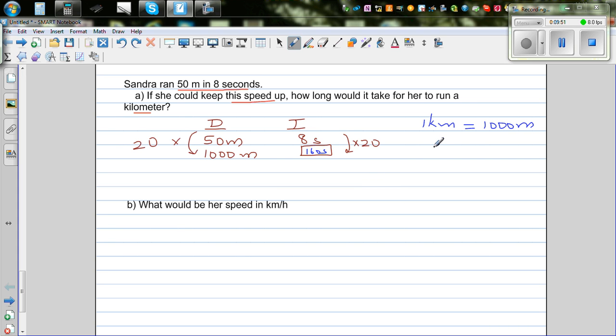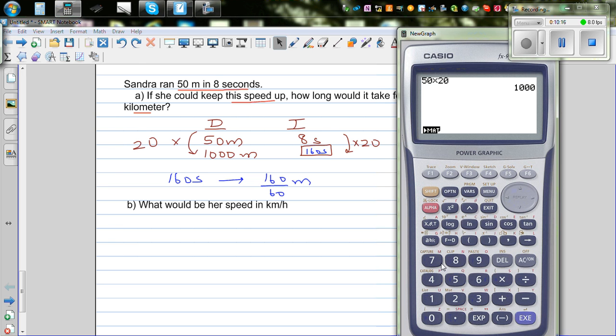Now I hope you know 1 minute has 60 seconds. So if you want to change 160 seconds into minutes, I'll go 160 divided by 60. Let me use a calculator. 160 divided by 60 is 2 and 2/3.